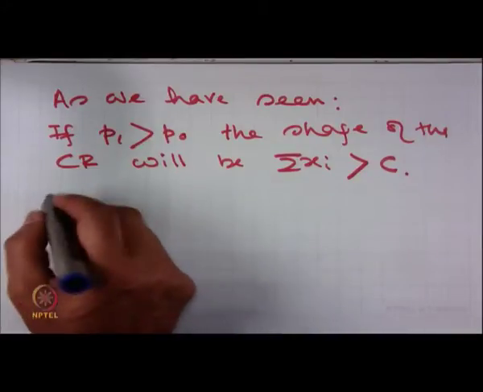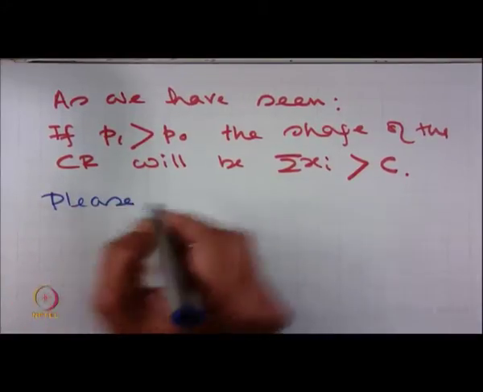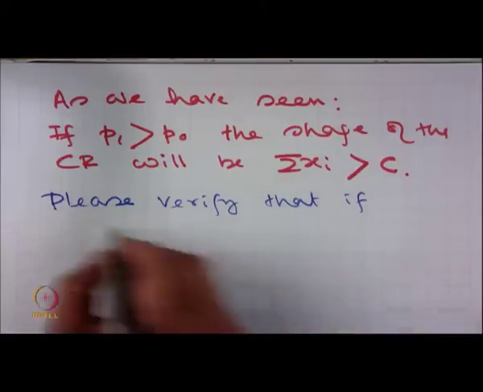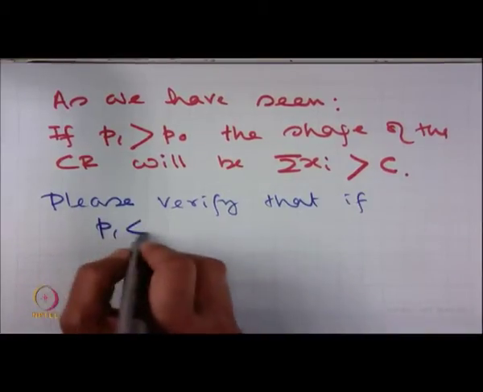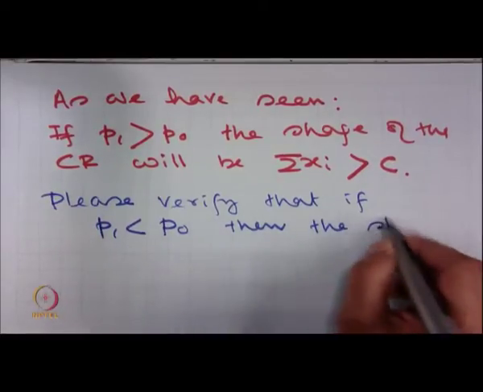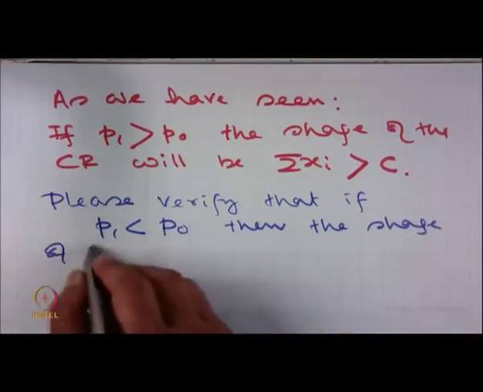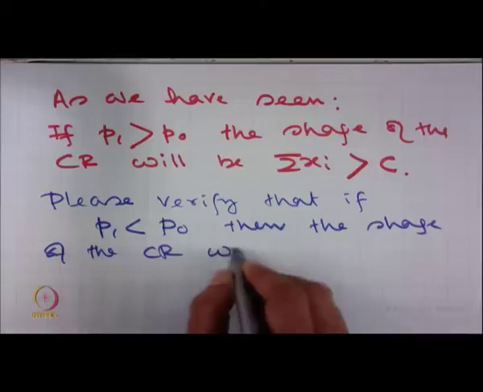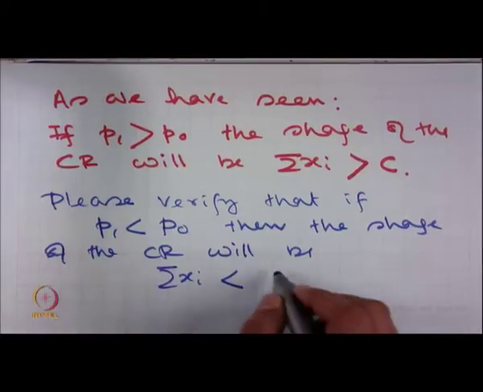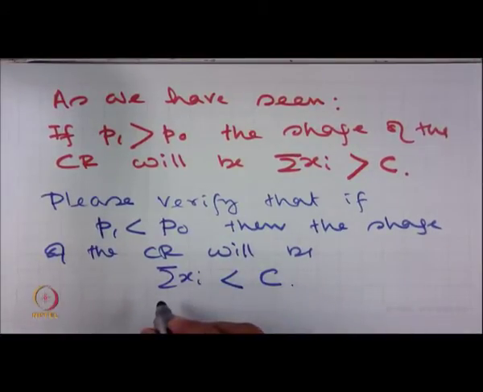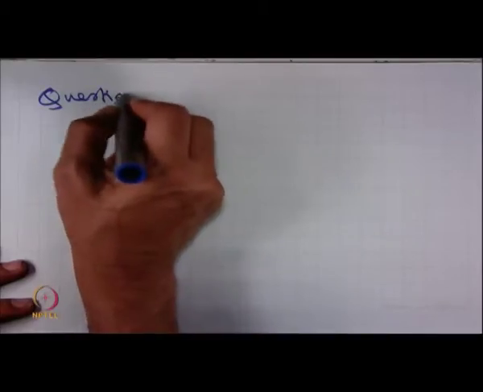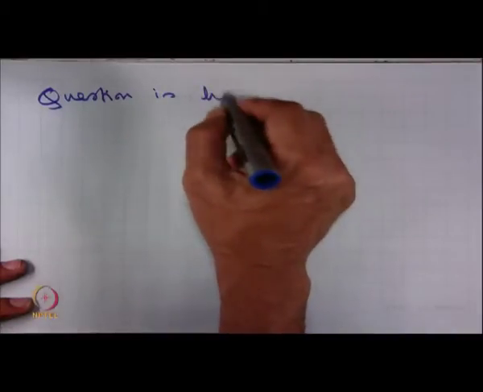I leave it to you to verify that if P1 is less than P0, then the shape of the critical region will be sigma xi is less than some constant c. The question is how to obtain c.